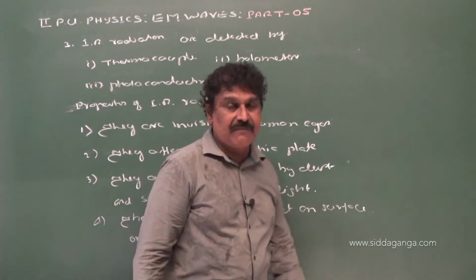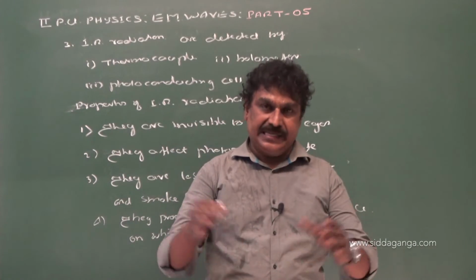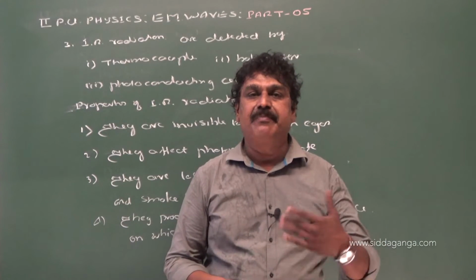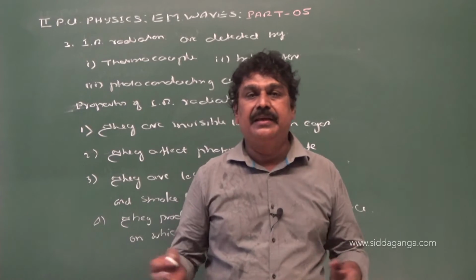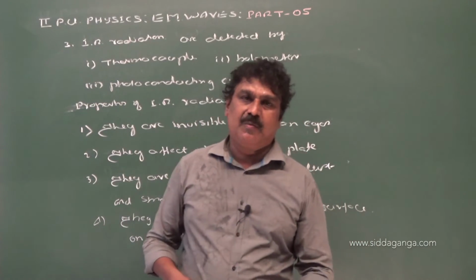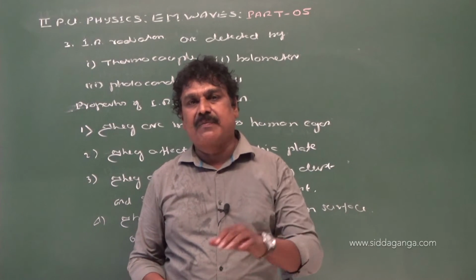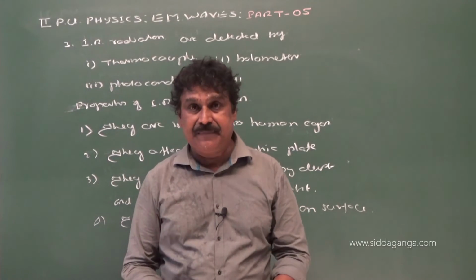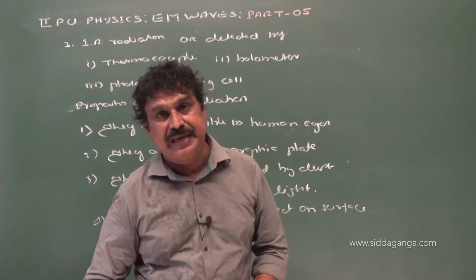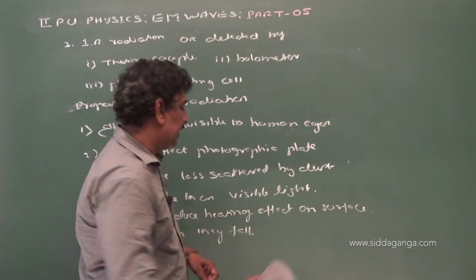So whenever infrared radiation incident on a surface, they produce heating effect on it, its temperature increases. Generally we know that during summer and daylight, suppose automobile vehicle is parked outside, now after some times they get heated. It is because of the infrared radiations produce heating effect, and therefore they are called thermal radiations or heat radiations.